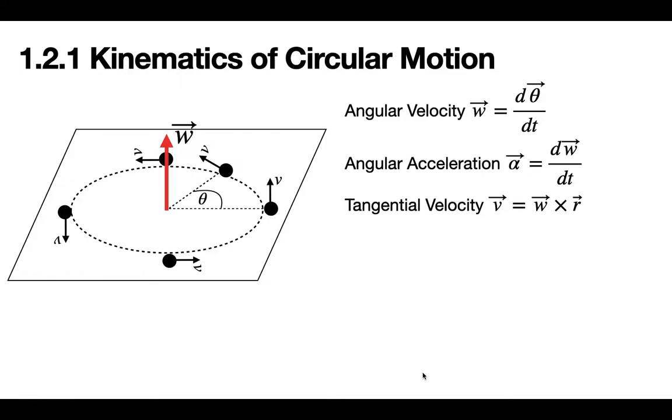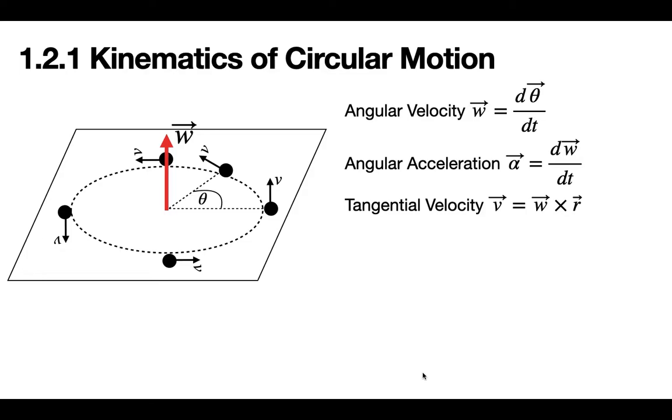What is the tangential velocity? It's just a cross product of angular velocity and the radius. It's a vector product. So for example, the object completes one rotation. The angle covered is 2 pi, and if that happens in 1 second, then we can calculate angular velocity as 2 pi by 1, which is 2 pi radians per second.